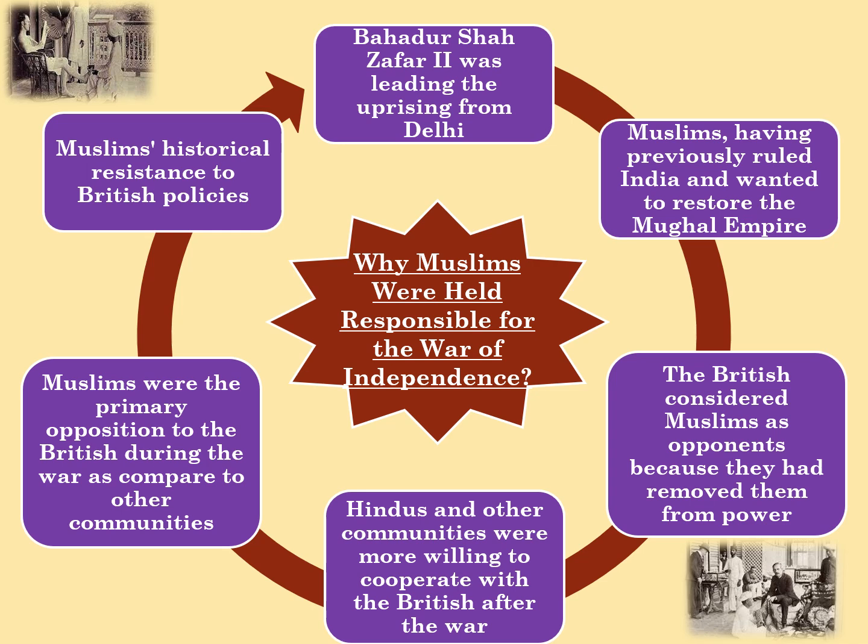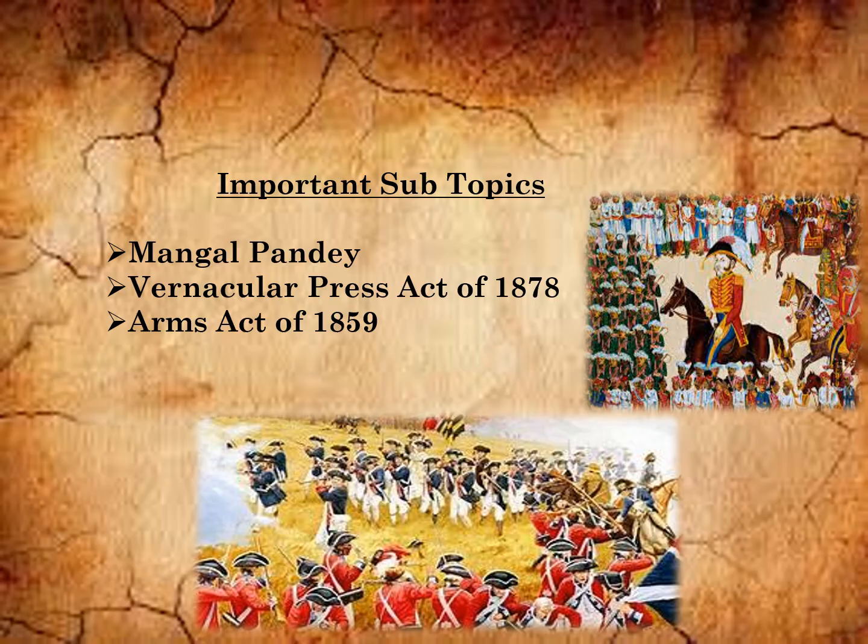Additionally, Muslims also had historic resistance to British policies such as the new education system and the Persian to English language transition. So it solidified the British perception of Muslim opposition. So this was the main topic.